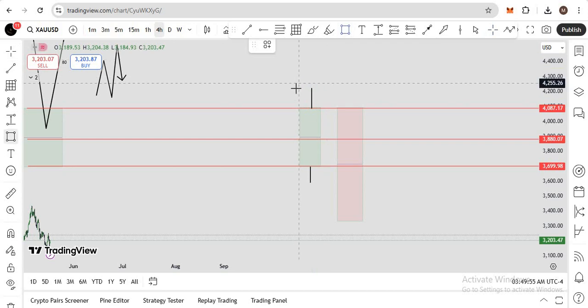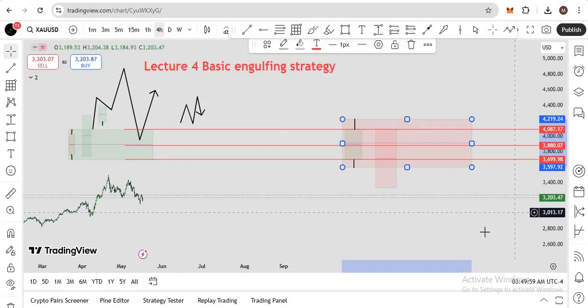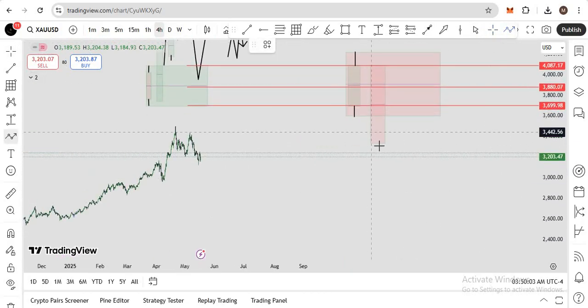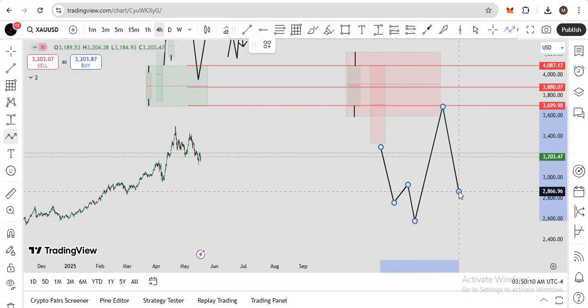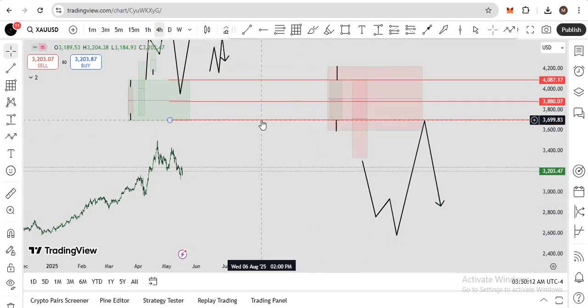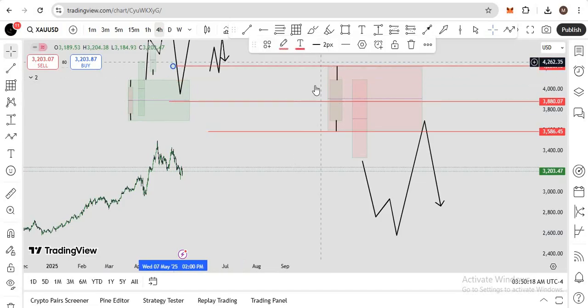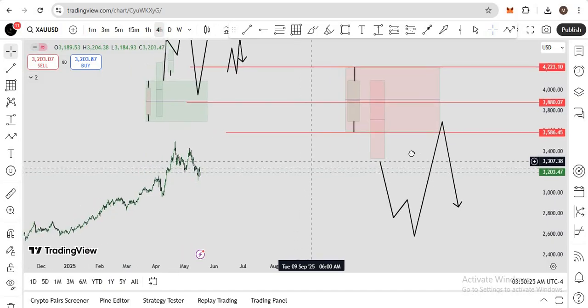You will mark this area, and then you have to wait for an experiment. Once it reaches this area, you will start positioning. Your first entry will be at the beginning, second in the middle, third at the last, and 20 pips above for your SL. Now you only have to go and back test this strategy.